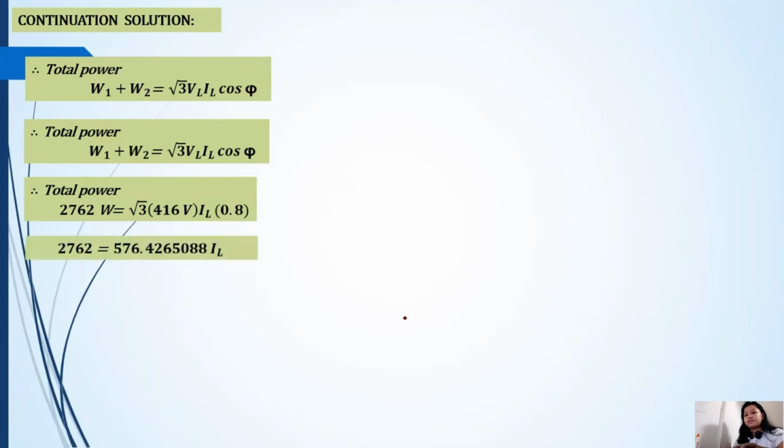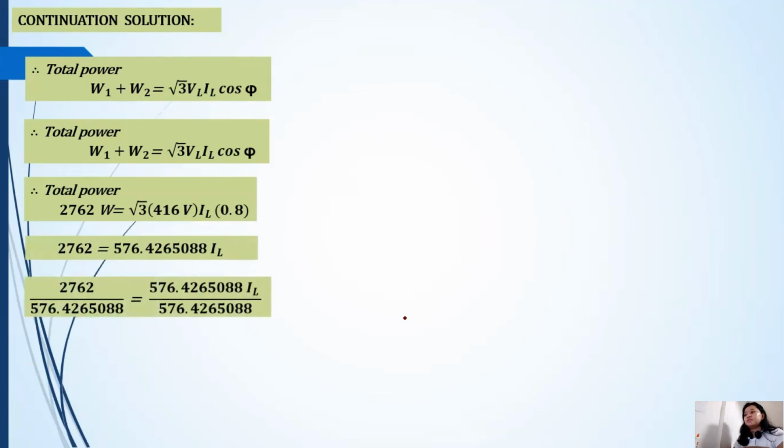So 2,762 is equal to 576.4265088 IL. So divide both sides by 576.4265088. So we will have an answer for IL of 4.8 amperes. And since the line current is equal to the phase current in a delta connection, our line current is equal to 4.8 amperes.